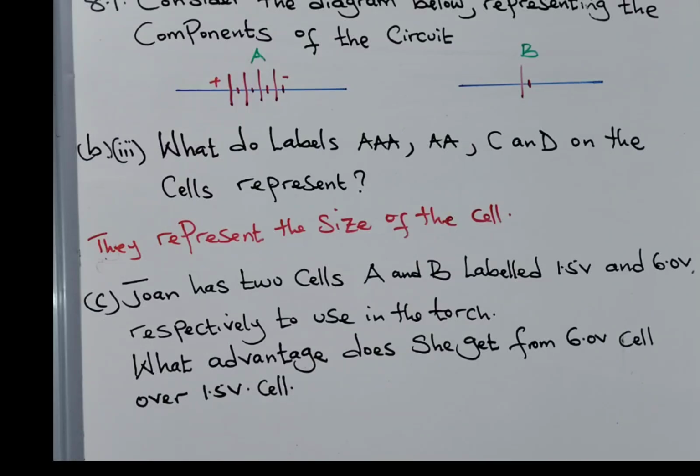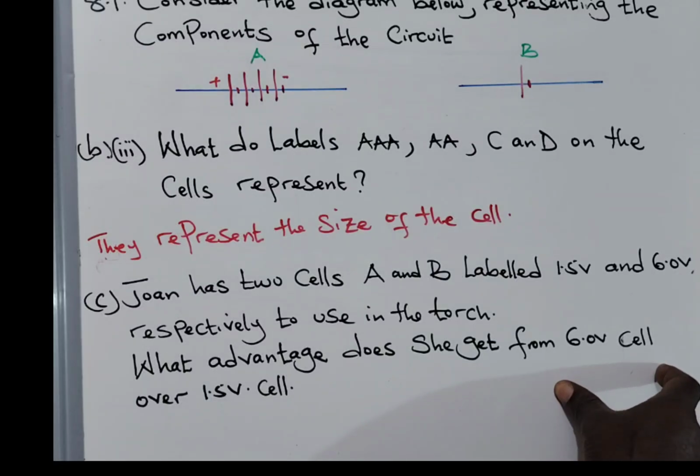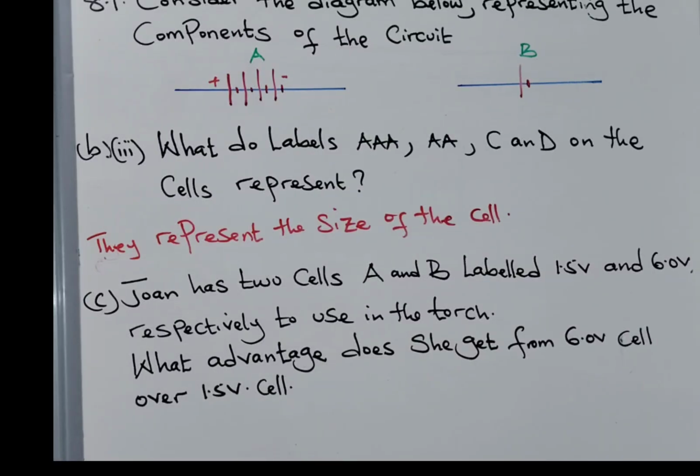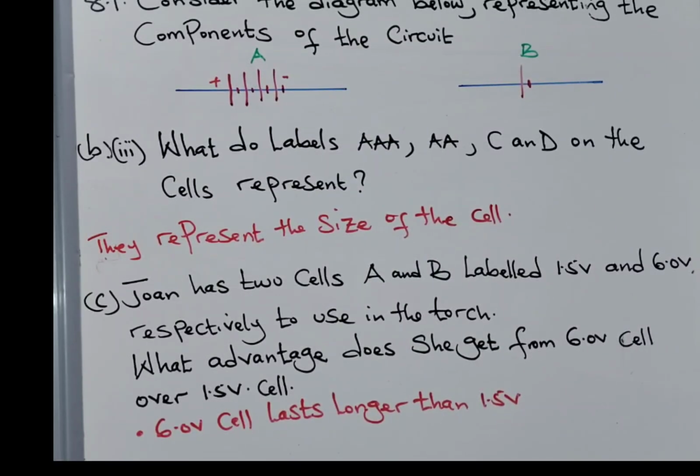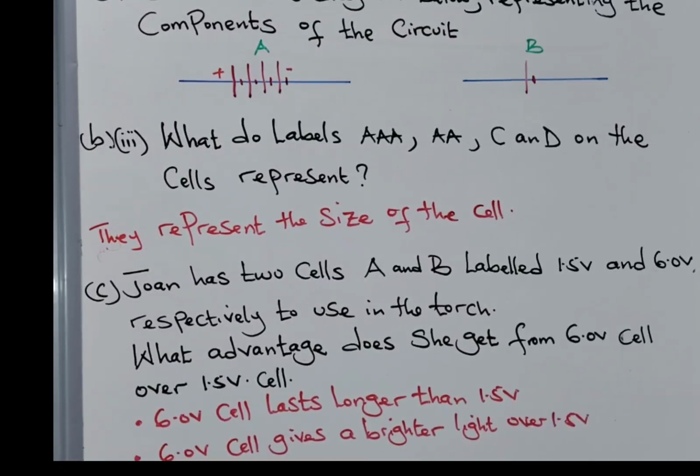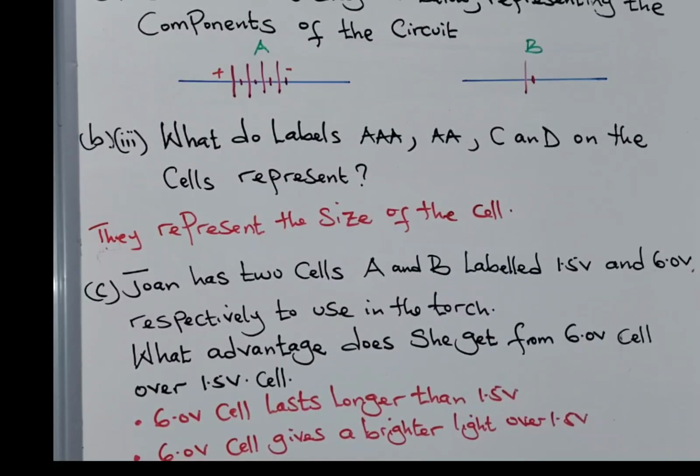The first advantage is that the 6 volt cell lasts longer, so you can use it for a longer period of time. The second advantage is that the 6 volt cell gives a brighter light compared to the 1.5 volt.